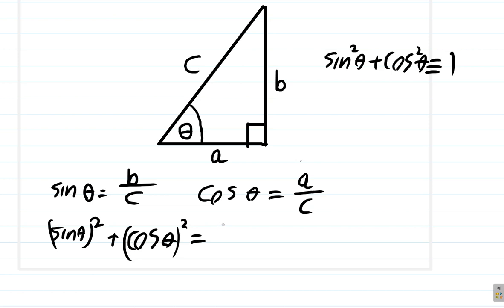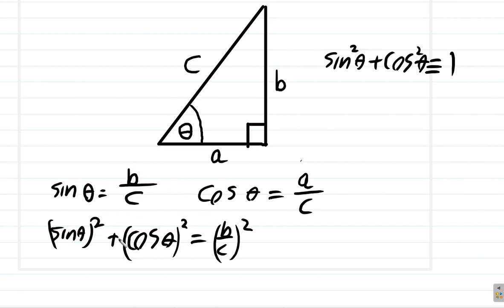That would be the same as b squared, b over c squared. Because remember, we said sine theta squared is the same thing as sine squared theta, right? This is just another way to write it. Sine theta squared is b over c squared, because sine theta is b over c.